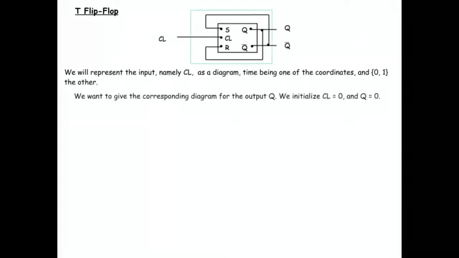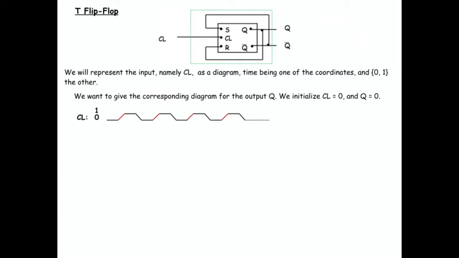So we will represent the input clock as a diagram, time being one of the coordinates, and the value, either 1 or 0, or the high or low level of current, will be the other coordinate, the y to the x. We want to give the corresponding diagram for the output Q, where we will initialize clock at 0 and Q at 0. So we have the clock starting at 0.